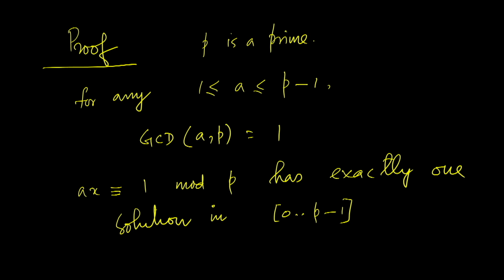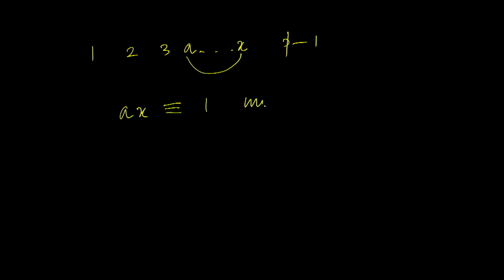Here we have taken B as 1 and M as P. So if you consider the integers 1 to P minus 1, in the sequence we have A and the solution x of Ax equal to 1 mod P. So we can think of A and x as being paired off. We want to consider A and x so that Ax equal to 1 mod P.